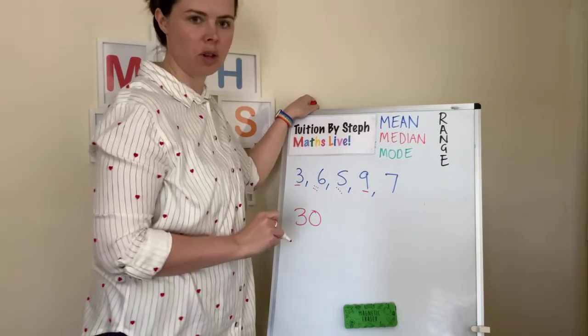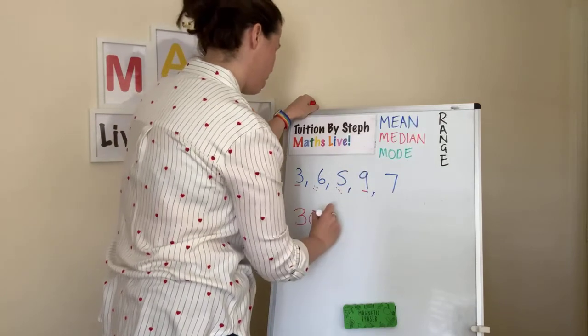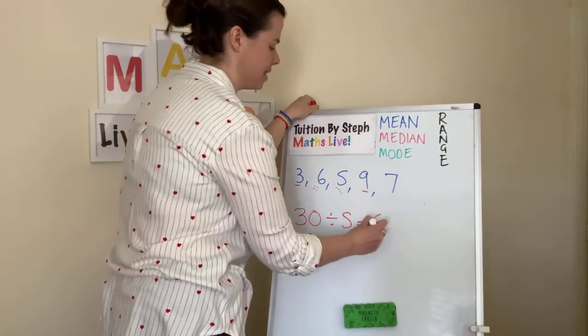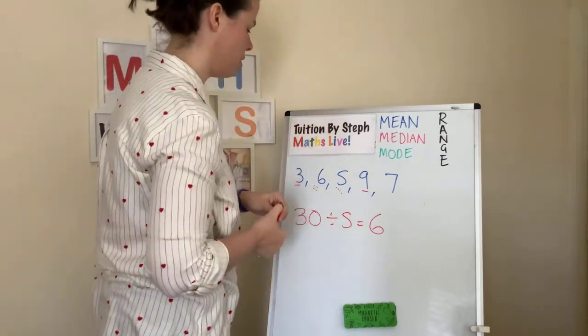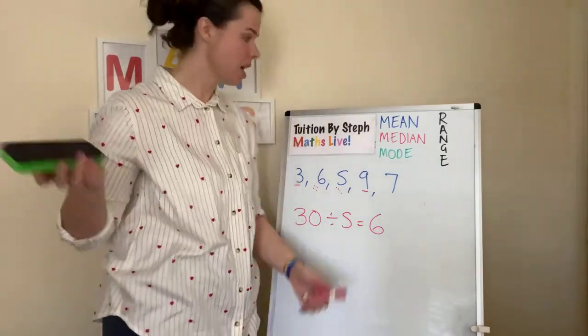Okay, so total 30, hope I'm correct. And there's 1, 2, 3, 4, 5. So 30 divided by 5 is 6. So well done if you got that. So you add them all up, you get 30 divided by 5. You get 6. There you go.